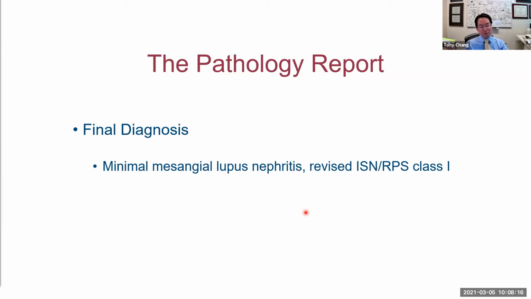But that's exceedingly rare. And whenever I see those lesions, those are in patients that have rip-roaring lupus, and it's not even a question, right? You're not going to really see those findings in a borderline case, for example. So that's something to really keep in mind. Before we put a label of lupus nephritis on a patient, we really want to make sure that the clinical diagnosis of lupus has been very well established.